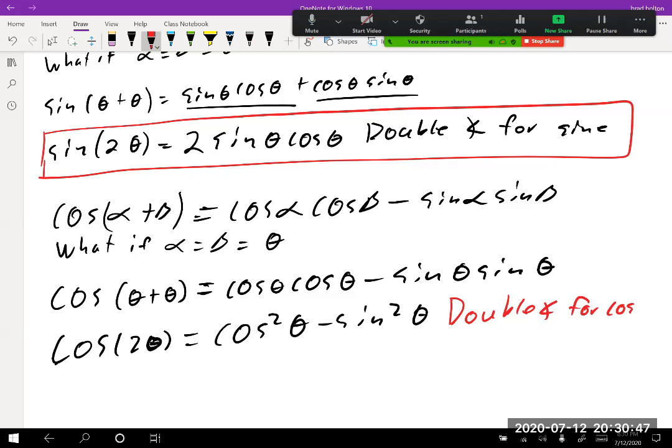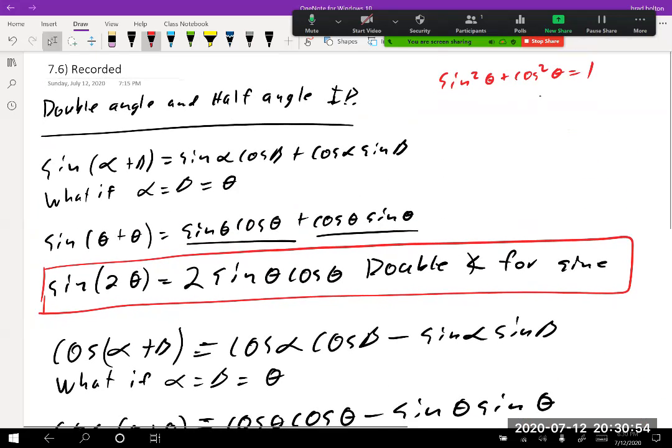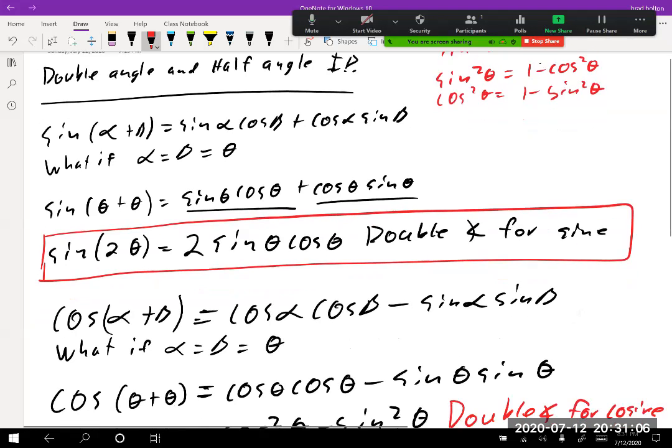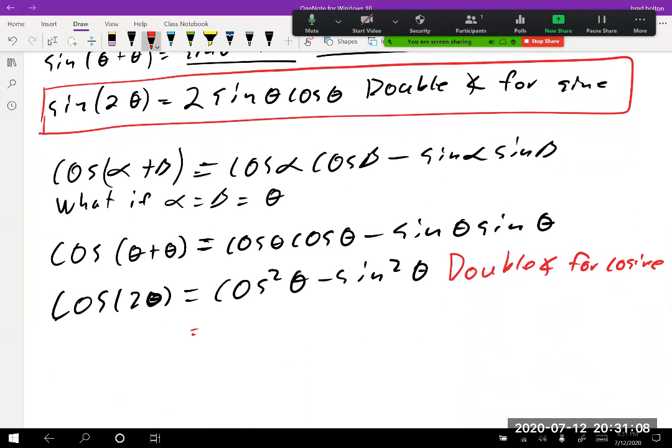But wait, there's more, because you guys remember that up here I wrote this, but isn't sine squared theta worth 1 minus cosine squared theta? And isn't cosine squared theta worth 1 minus sine squared theta? So if that's the case, I could rewrite this, let's do it in green.